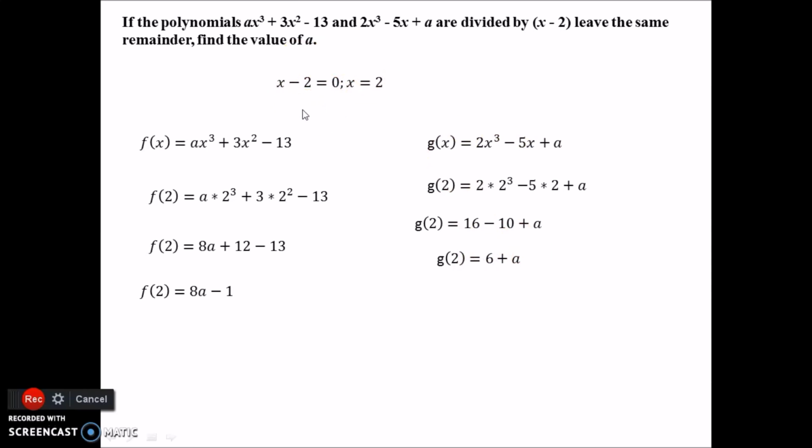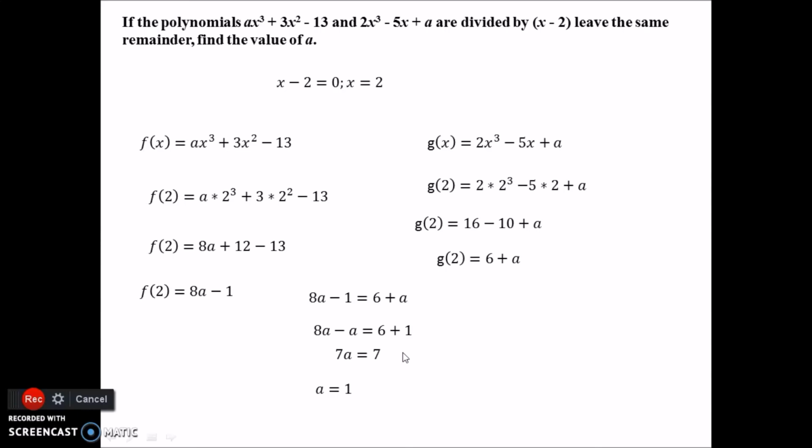So now the question here is, when both these polynomials are divided by x minus 2, they leave the same remainder. So the remainders are equal, which means that 8a minus 1 is equal to 6 plus a. So by solving this, 8a minus a is equal to 6 plus 1, that is 7a is equal to 7 and a is equal to 1.